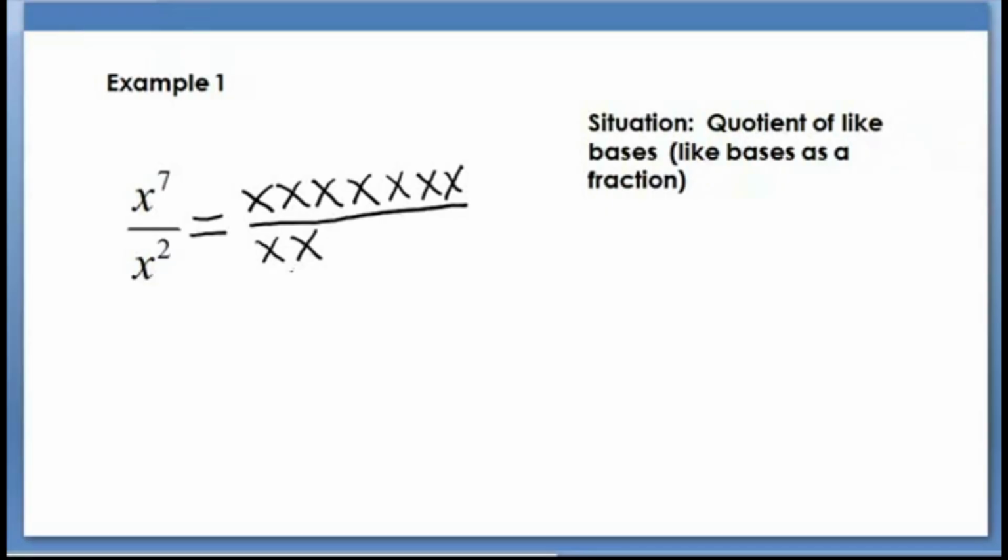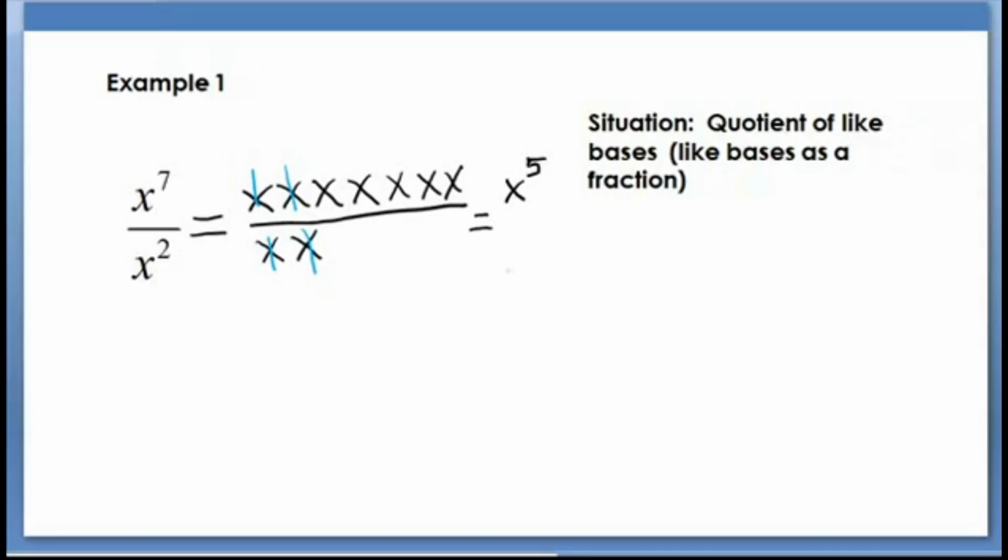When you have products, you're allowed to divide out common factors. So we are able to match up and divide out these 2 x's. Now let's see what we have. Total, we have 5 x's, or x to the 5th in the numerator, nothing in the denominator, but we were really dividing, so the denominator is a 1.